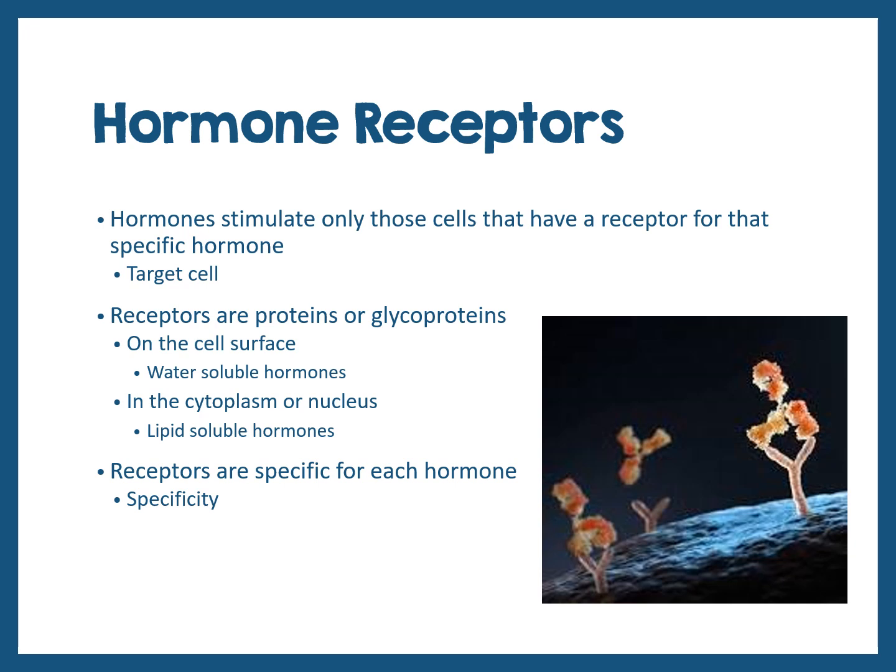That's a protein with some sugars on it. Those will be found on the surface of the cell. Or if it is a lipid-soluble hormone, then it will be found on the inside of the cell within the cytoplasm or the nucleus. And receptors are specific for each hormone. So that is called specificity.